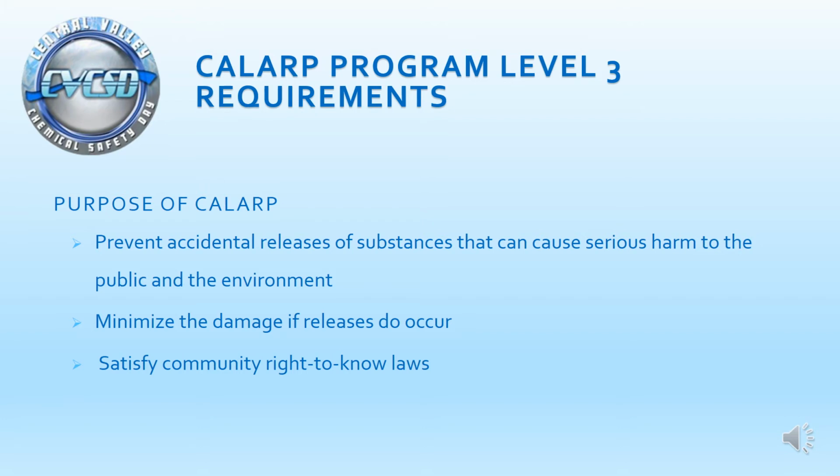And operating procedures fall in this situation where they hit both of these first two bullet points, and following the procedures should help prevent accidental releases. And then if they do occur, then we get into emergency situations or emergency procedures that should minimize damage once that release has happened.